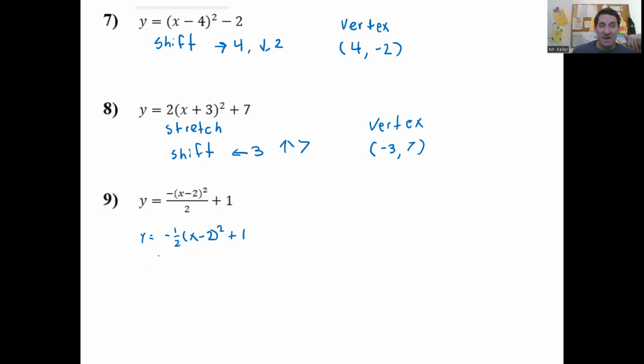So we have the negative flips it, the 1/2 shrinks it, the -2 inside the parentheses then is going to be a shift to the right 2, and then the +1 is a shift up 1. And so that is going to put our new vertex, right 2 is at a +2 in the x direction, up 1 is a +1 in the y direction.